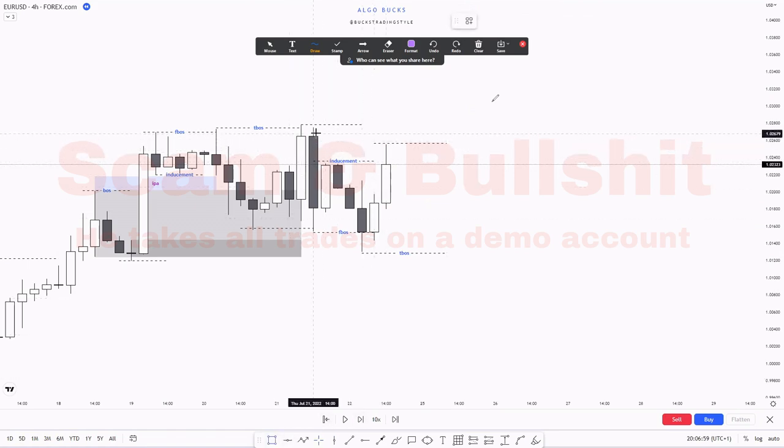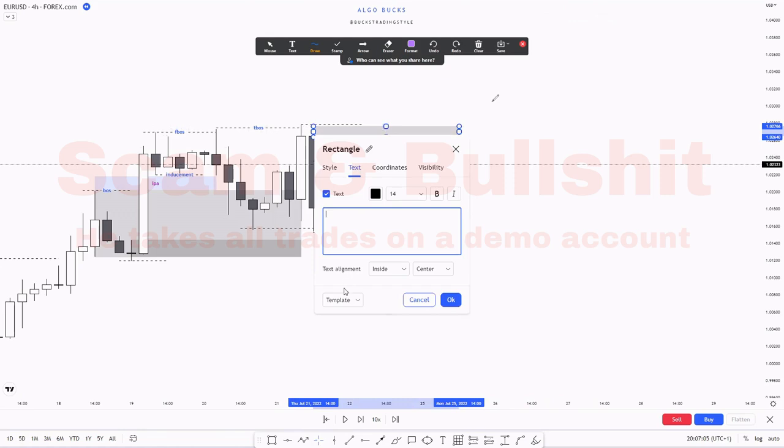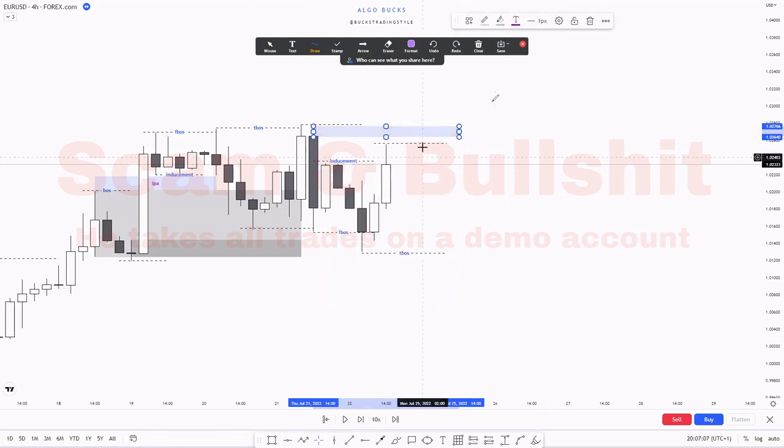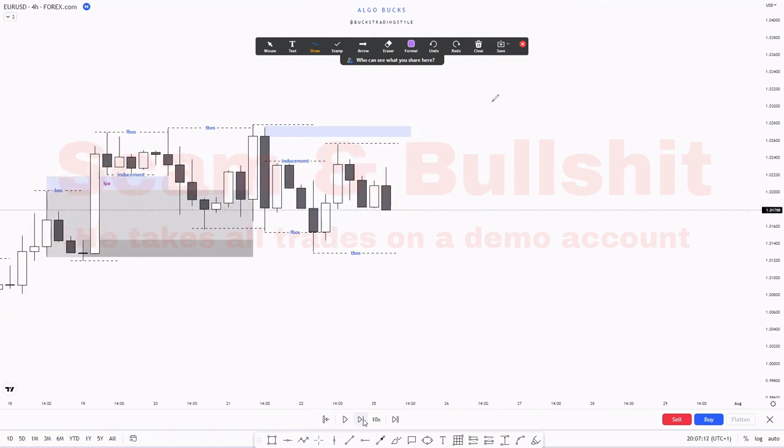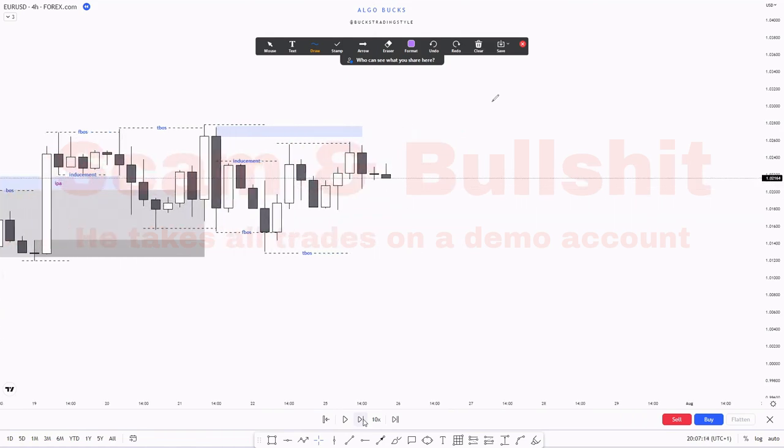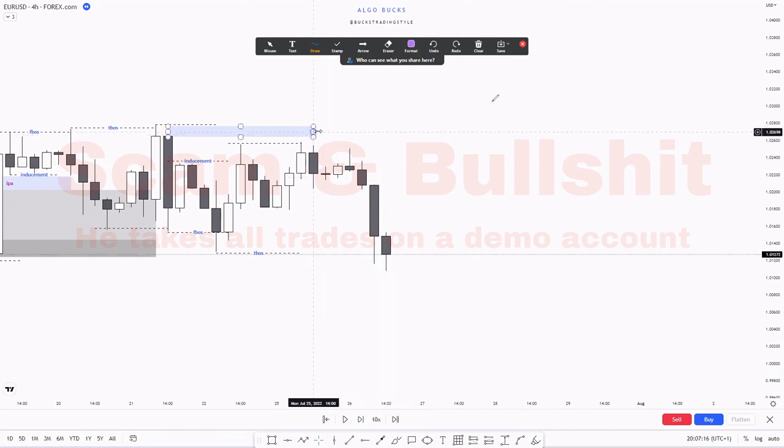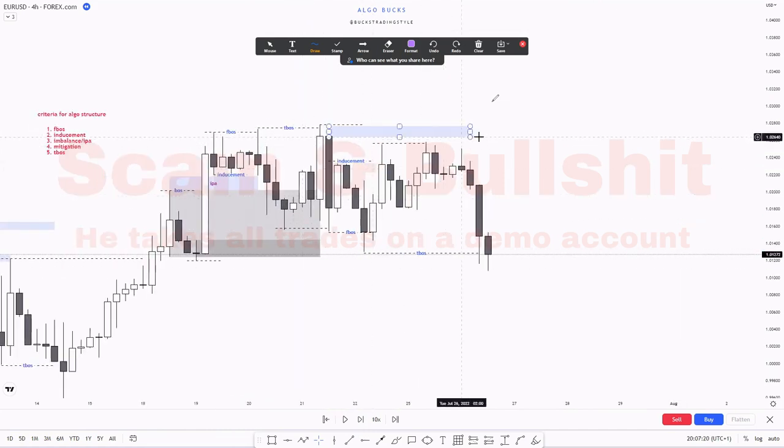I'll be looking to mark this POI right here. I want to see price react from this before going down to the true break of structure. Okay, price did not react from it, but went direct to the true break of structure. So in this case, there was no mitigation.